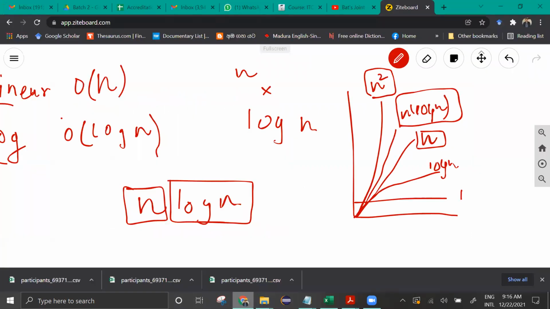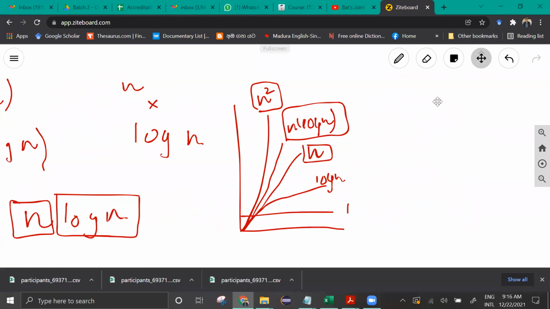So for example, if I put some examples, like for this one, I have given an example. Log n, I gave binary search. I will explain why binary search is log n.